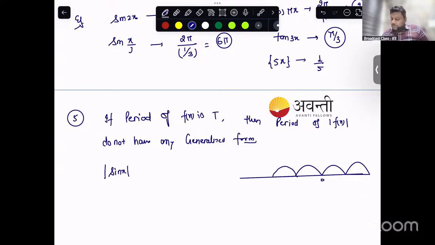Say it is 0, pi, 2 pi, minus pi, minus 2 pi. So the period of mod sin x is pi. But if I talk about mod tan x, its period is also pi.